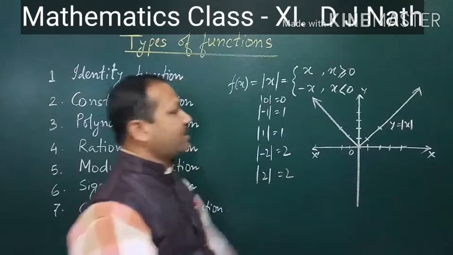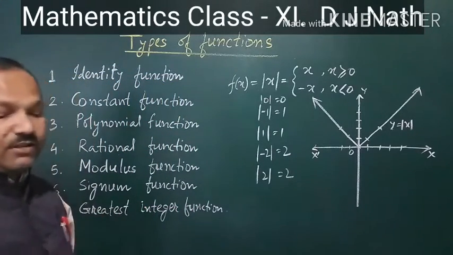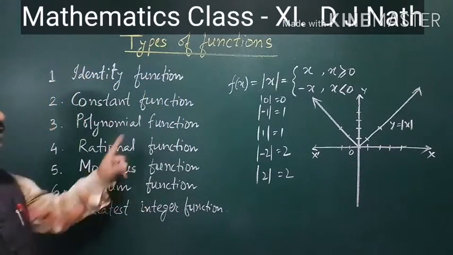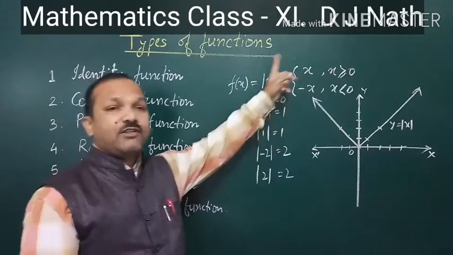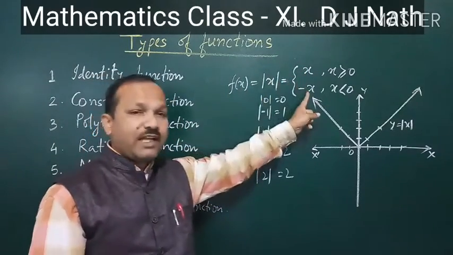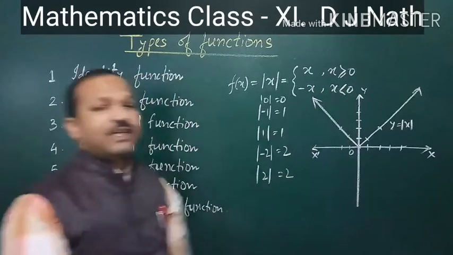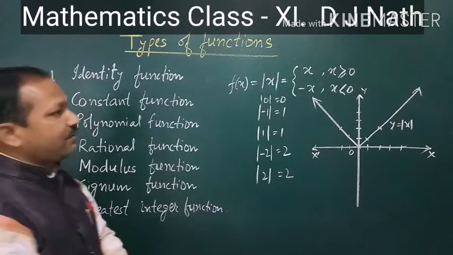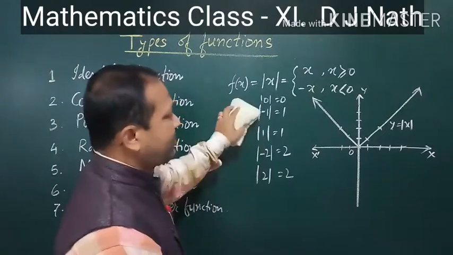So this is the modulus function graph, which is already there in your book also. You can go through it. So is it clear what is modulus? Modulus of x is equal to x when x is greater than or equal to 0, and modulus of x is equal to minus x when x is less than 0. So this is the modulus function. Okay, so that is the graph of the modulus function.